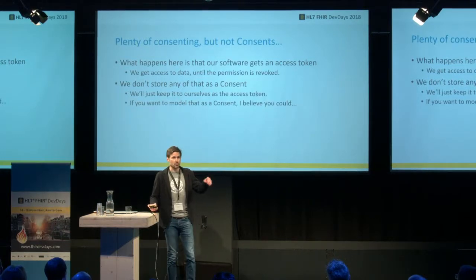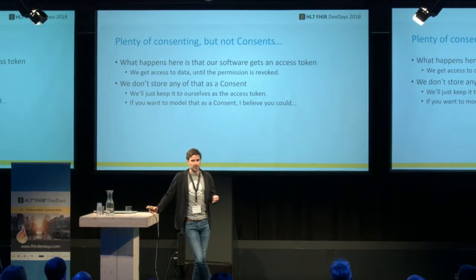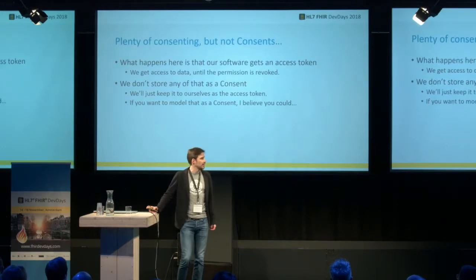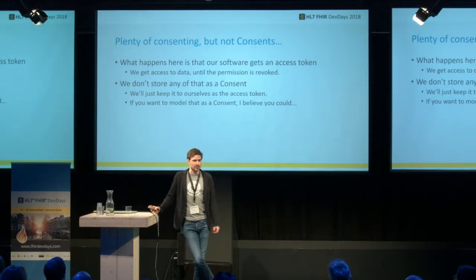We store the access token, and that's good enough for us. We know that, okay, we have this access token, and we can validate that against Google's services. This is still valid. Okay, as long as it's valid, we know that we have the permission to access that data. And we don't store any of Google Fit data in our services, so we fetch it from their services on demand whenever we need.